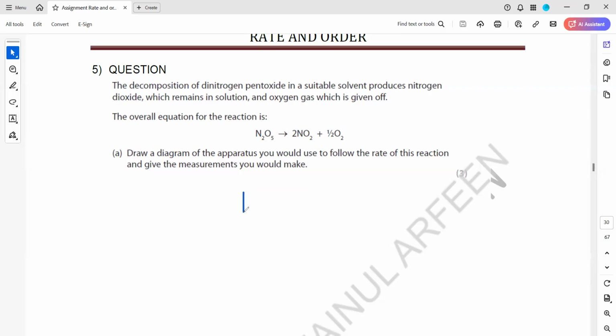So we can take this solution in a conical flask with a side arm, or we can also use a test tube. And place a stopper at the top and connect a gas syringe.